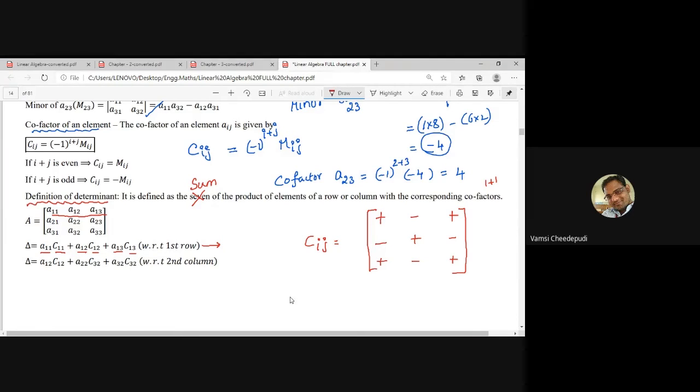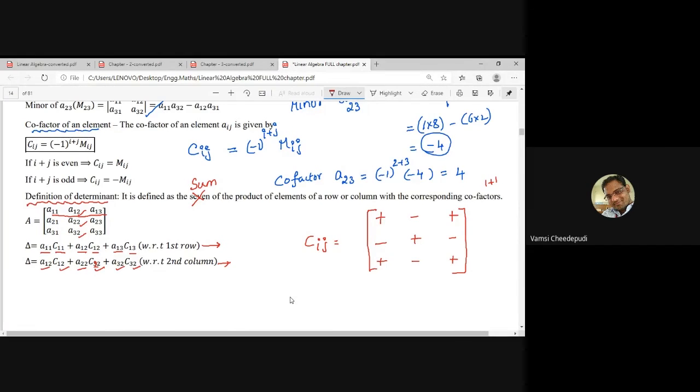No sir, I don't want to expand the first row, I want to expand the second column. Okay, the second column elements are A12, A22, A32, and the corresponding cofactors are C12, C22, C32.